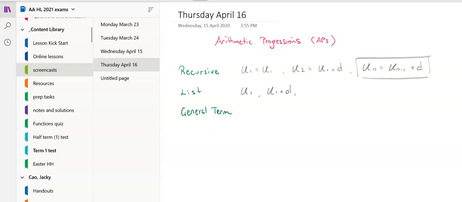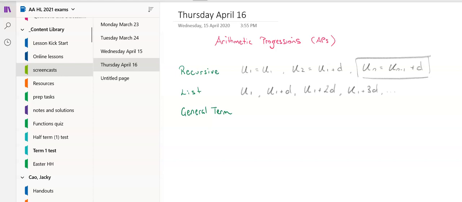The next term takes the term in front and adds a D, but we don't write D plus D, we say that's 2D. So it's U1 plus 2D, and what would be next? It would be U1 plus 3D.